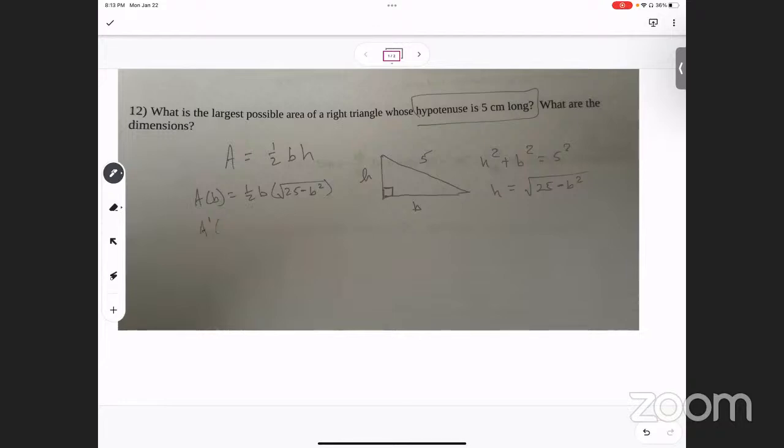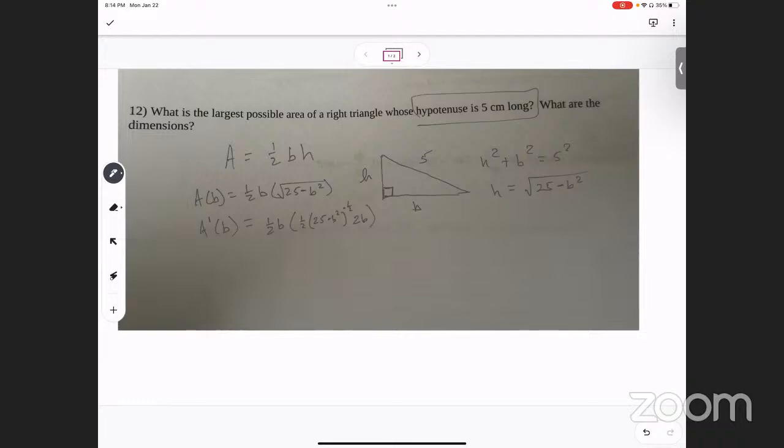The derivative of this, let's just use the product rule. It'll be 1/2 B times the derivative of the inside thing, which is 1/2 to the negative 1/2, 25 minus B squared, using the chain rule, times 2B.